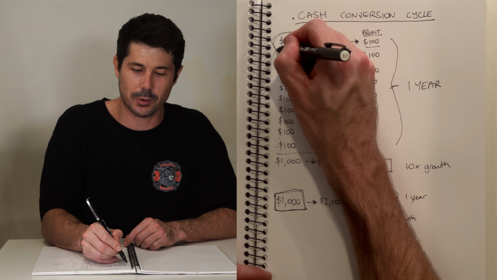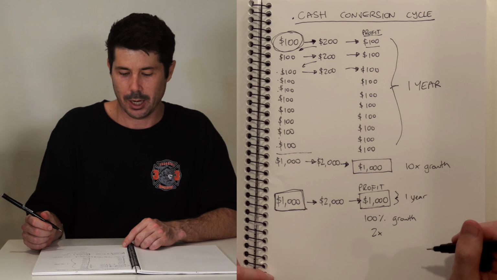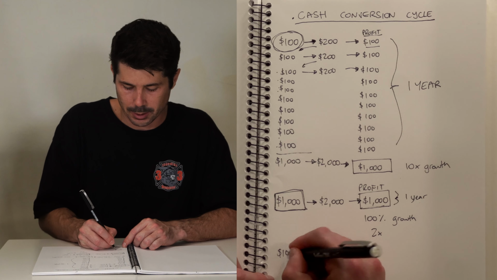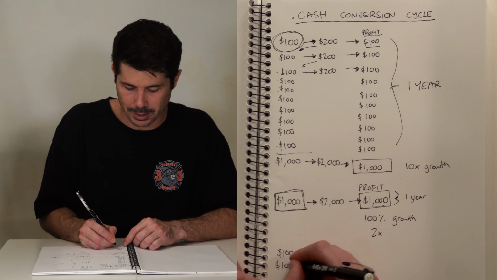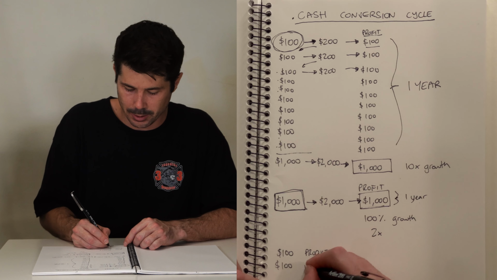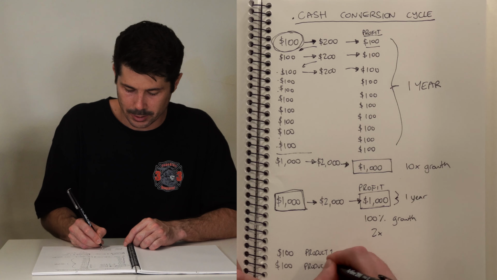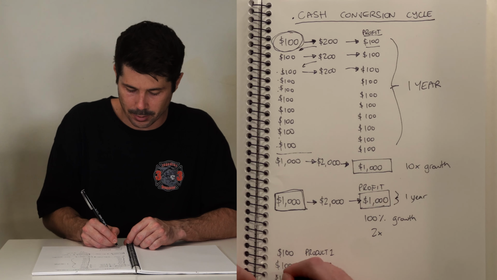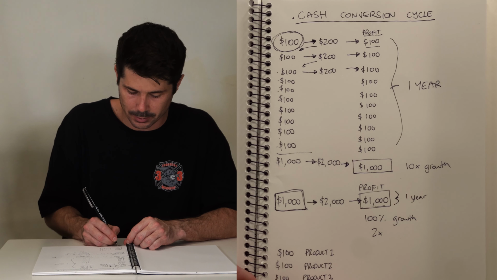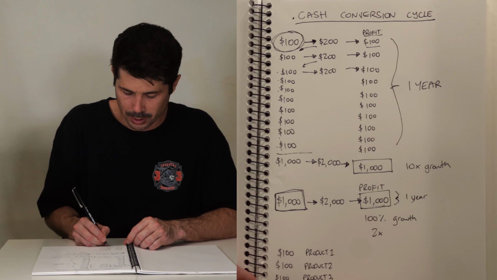But let's say we were able to do this situation up here on multiple products. So let's say we do it on this product, product 1, product 2, spent $100 on product 3, etc. All the way down to $100 on product 10.